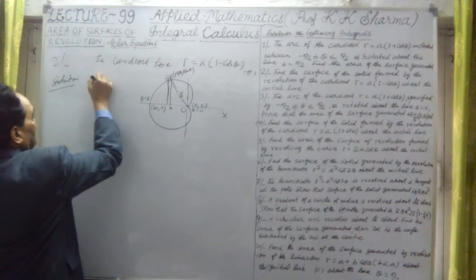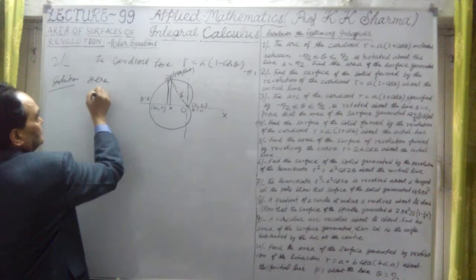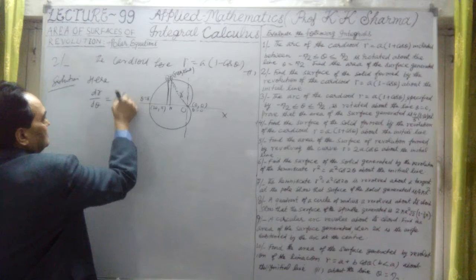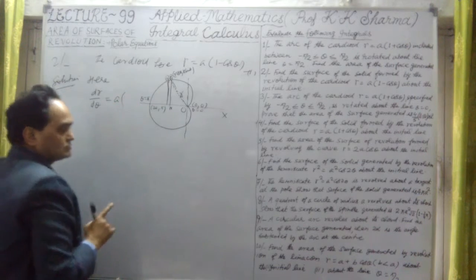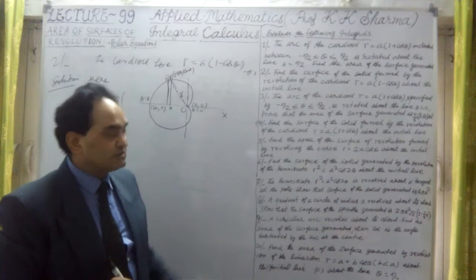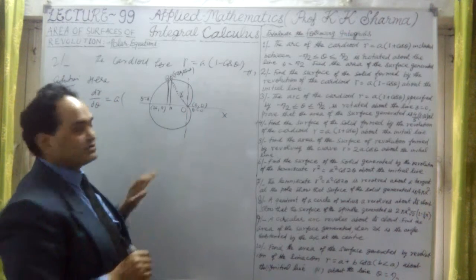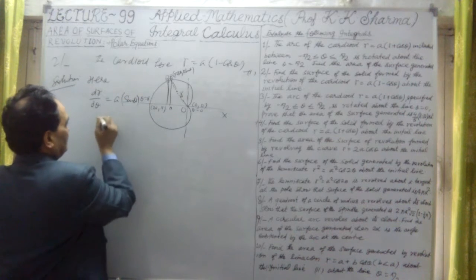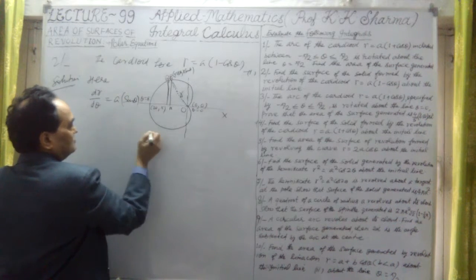Here dr upon d theta is equal to a into minus cos theta differentiated. Cos theta differentiation is minus sin theta, but with the minus it will be plus sin theta. That means dr upon d theta is a sin theta.